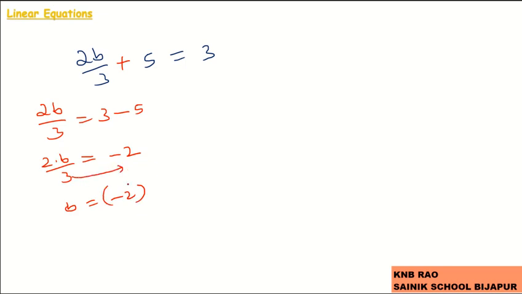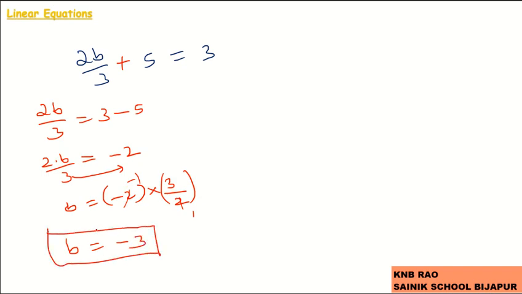This 3, which is the divisor, transposed becomes a multiplicand, and this 2, which is a multiplicand, transposed becomes the divisor. Now on simplification, 2 ones are 2, and minus 1 into 3 gives minus 3. This is the value of b for this equation.